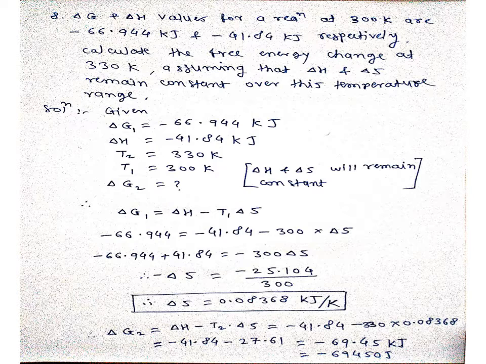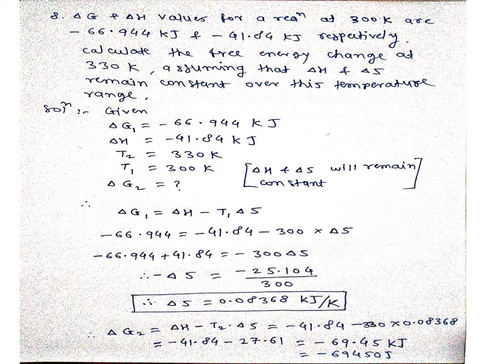You will get the equation, that is minus 66.944 plus 41.84, which is equal to minus 300 delta S. Therefore, minus delta S is equal to minus 25.104 divided by 300. That is delta S is equal to 0.08368 kilojoule per Kelvin.